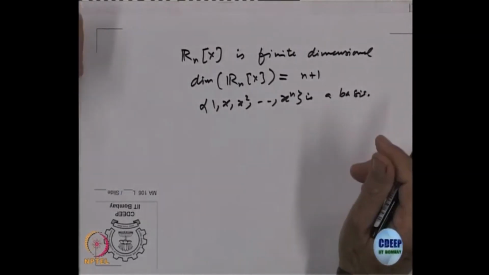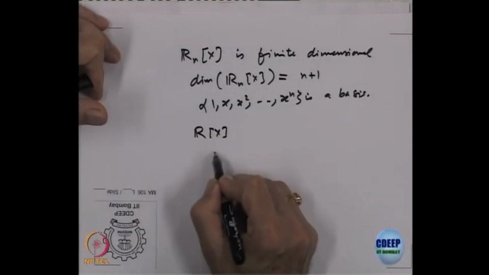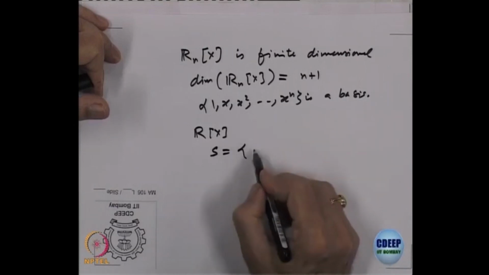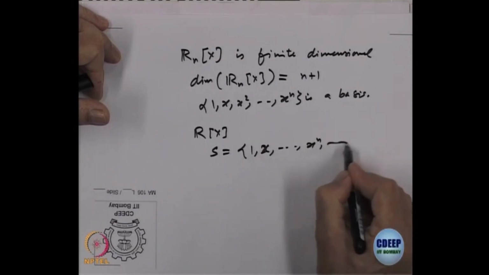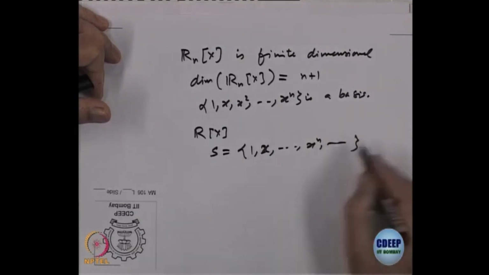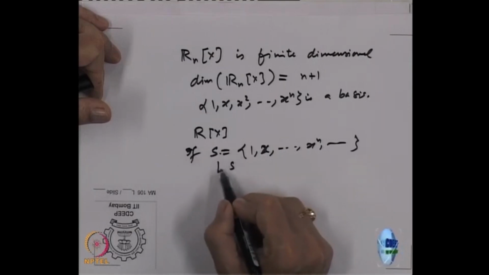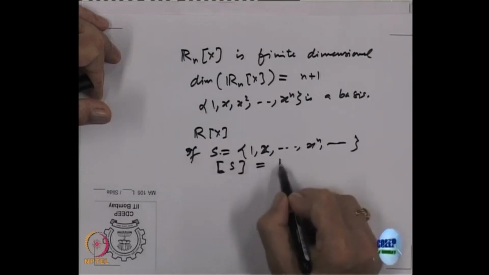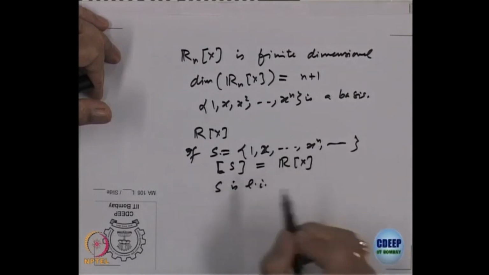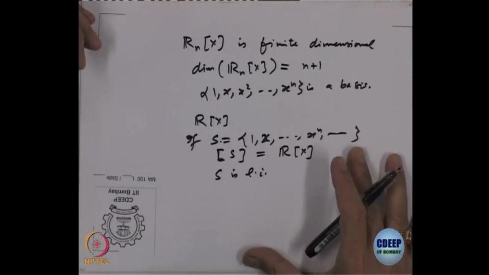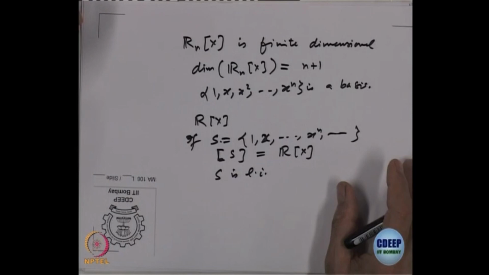right. Let us look at R x. For this, S was the generating set. Right. So, the span of S is equal to R x, and we showed S is linearly independent also. Just now we showed it, right, it is linearly independent. Is it okay for everybody?